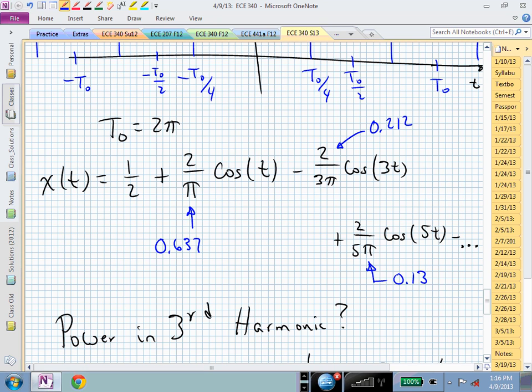And typically I might say, let's just do minus because that sort of represents a delay relative to a nominal value. Meaning, I could now say this is minus 2 over 3 pi cosine of 3t, or equivalently, I could write this as plus 2 over 3 pi cosine of 3t minus pi. And now I can identify an angle at that third harmonic. Yes?